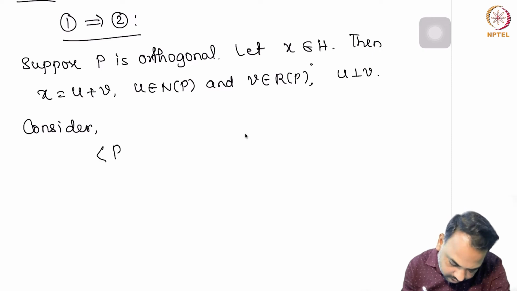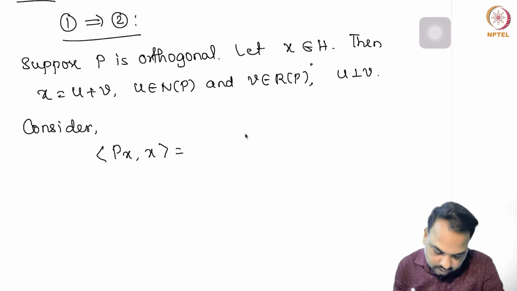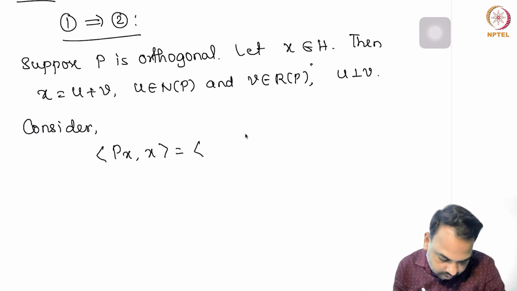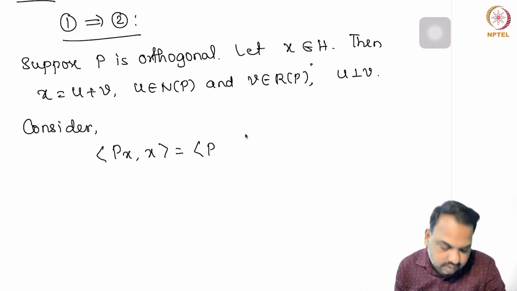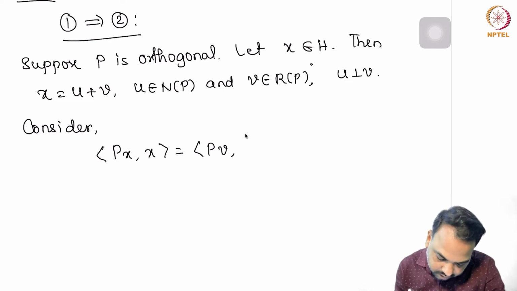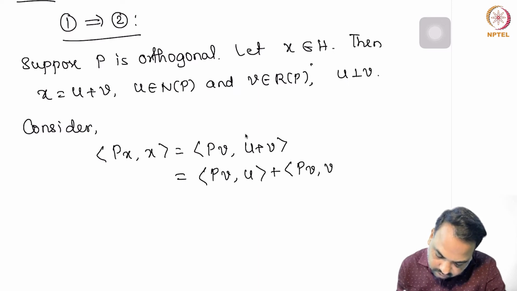So for that we have to look at inner product of Px with x. Now this is nothing but inner product of P of u plus v. Pu is 0 because u is coming from the kernel. This is Pv and here x is u plus v. So Pv inner product with u plus inner product Pv with v.